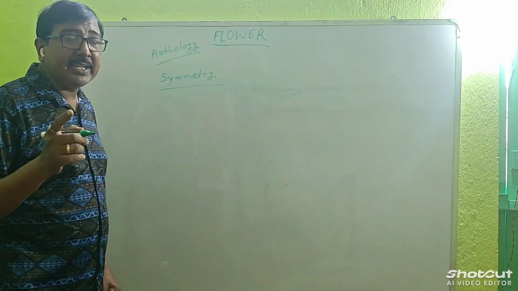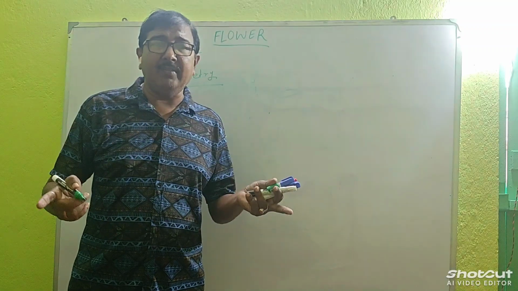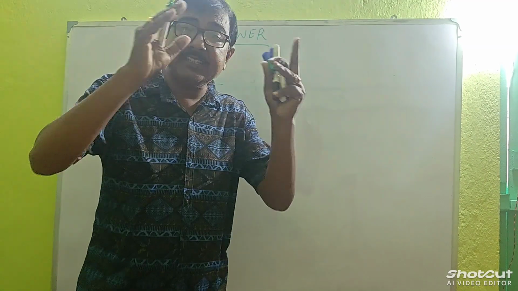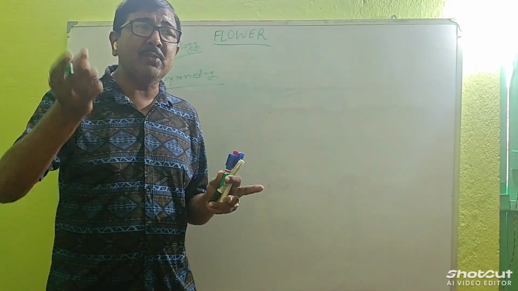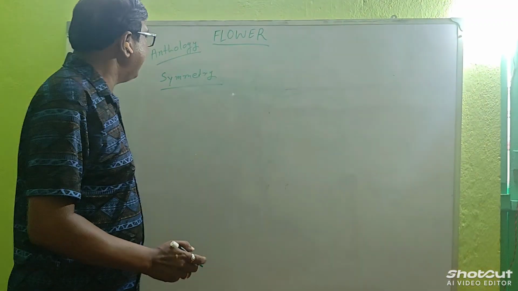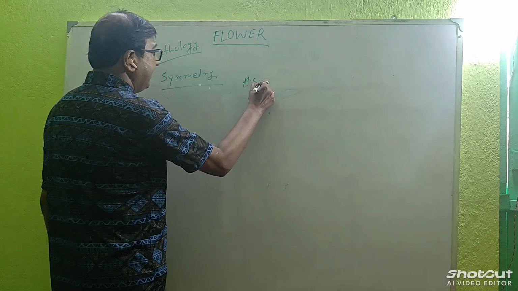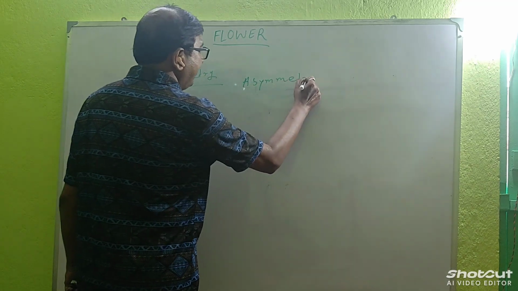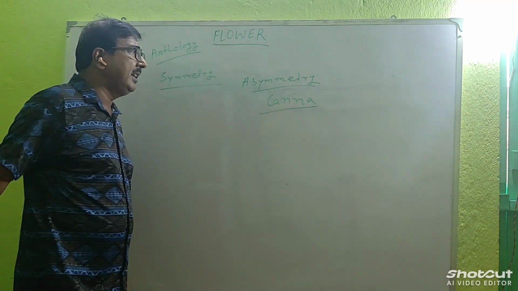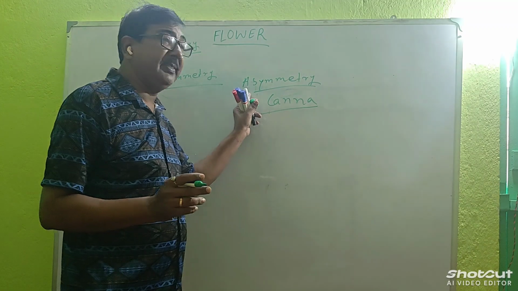Asymmetry means when a flower cannot be divided into two halves by a symmetrical line. যদি আমরা কোনো ফুলকে তার স্ট্রাকচারটা এমনই হয় যে সেই ফুলটাকে আমরা কোনো সিমেট্রিক্যাল লাইন দিয়ে তাকে দুটো ভাগে ভাগ করতে পারছি না, দিস টাইপ অফ ফ্লাওয়ার ইজ কল্ড asymmetric flower. Example is canna and vanda also. Canna and vanda are the asymmetric flowers.